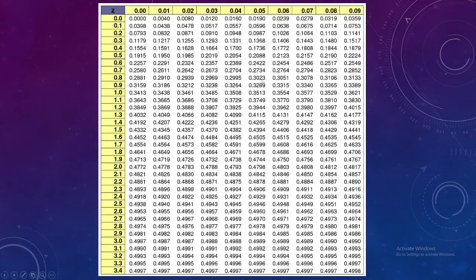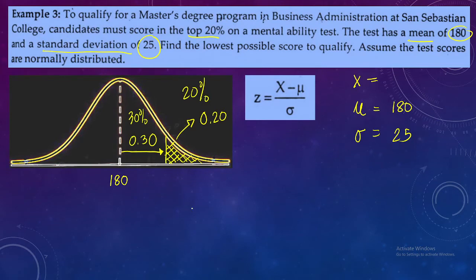While over here, the difference between 0.30 and 0.3023 is 23 points. So I'll be using 0.2995. In this case, the z is 0.84. So the z is simply 0.84 here. Okay?